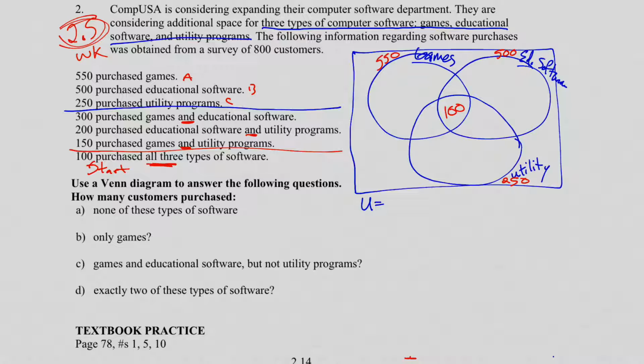Then we're going to do the top petal, because we want to work our way out. It is the intersection between games and educational software. Games and educational software, that is 300.